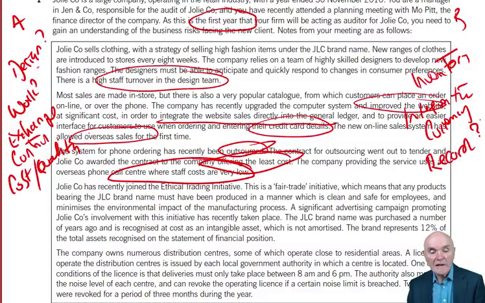Jolie has recently joined the Ethical Trading Initiative, which sounds good. This is a fair trade initiative, which means that any products bearing the JLC brand must have been produced in a manner which is clean and safe for employees and minimizes the environmental impact of the manufacturing process. So that's quite good news. It's corporate social responsibility, which they are taking part in.